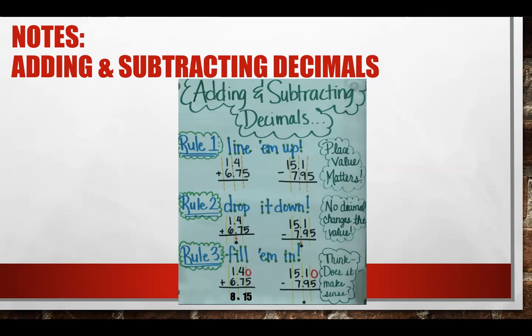Or rather, if I borrow, now this 1 is 0, so I need to borrow again from over here from the 5. And now this becomes 10. And 10 minus 9 is 1. So over here, I should have 15. And if I have 14 minus 7, it should be 7.